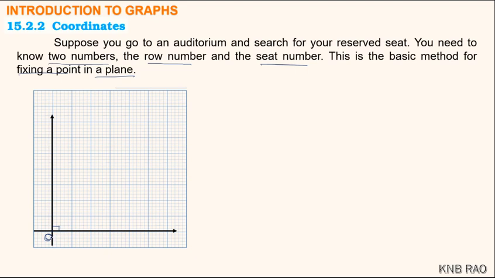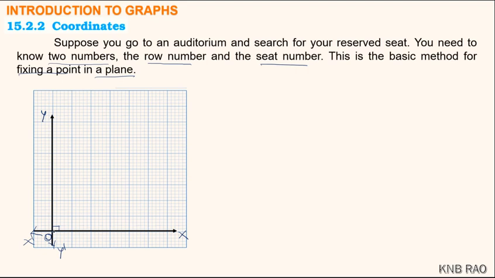So, I have all the positive numbers on the x-axis. Normally, the x-axis is represented as x dash x and the y-axis is represented as y dash y.